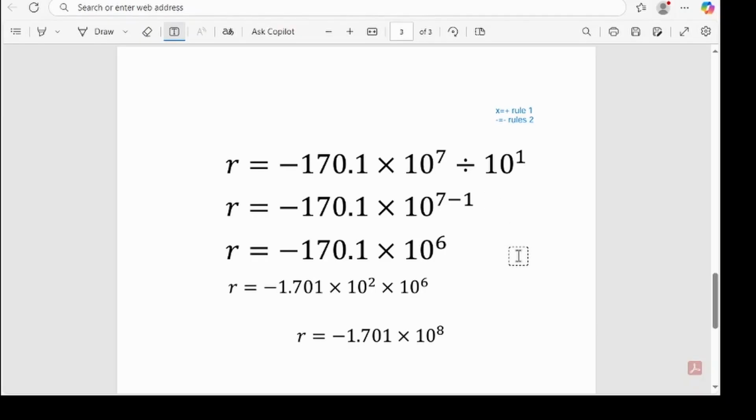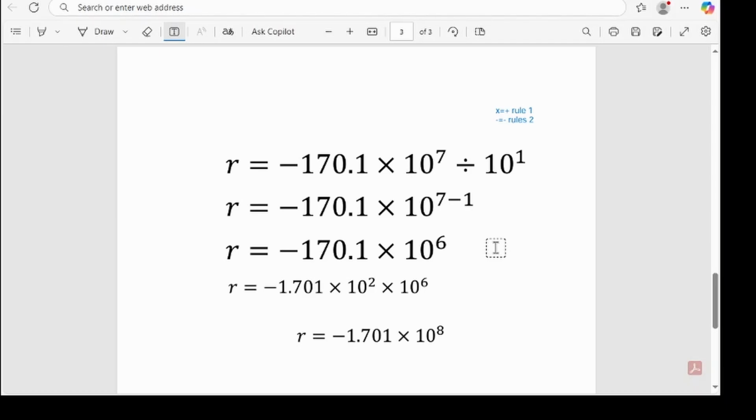So R then becomes negative 170.1 multiplying 10 exponent 7 minus 1. So the rule has been applied here.